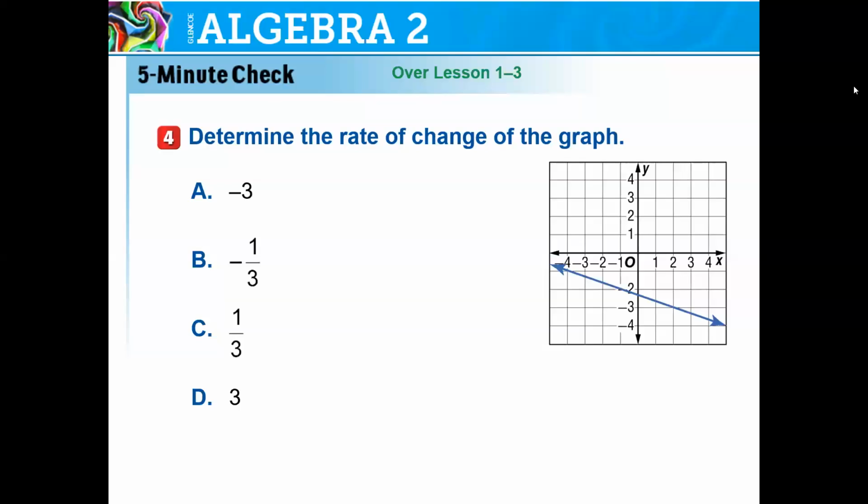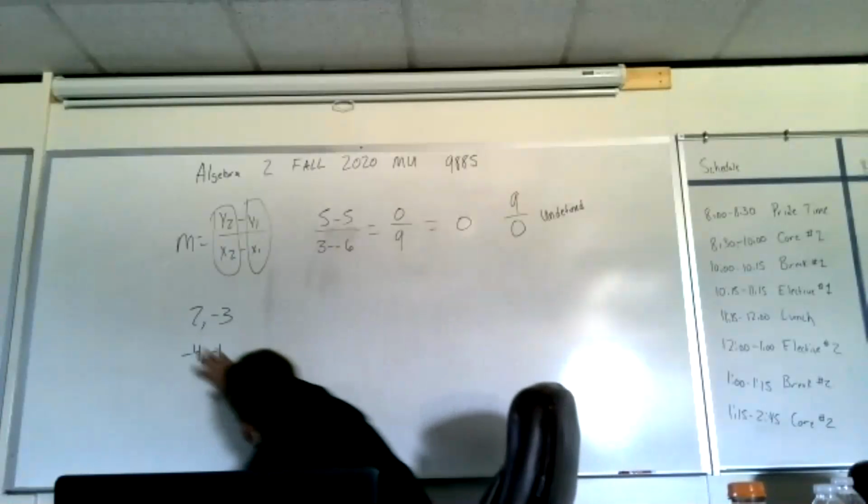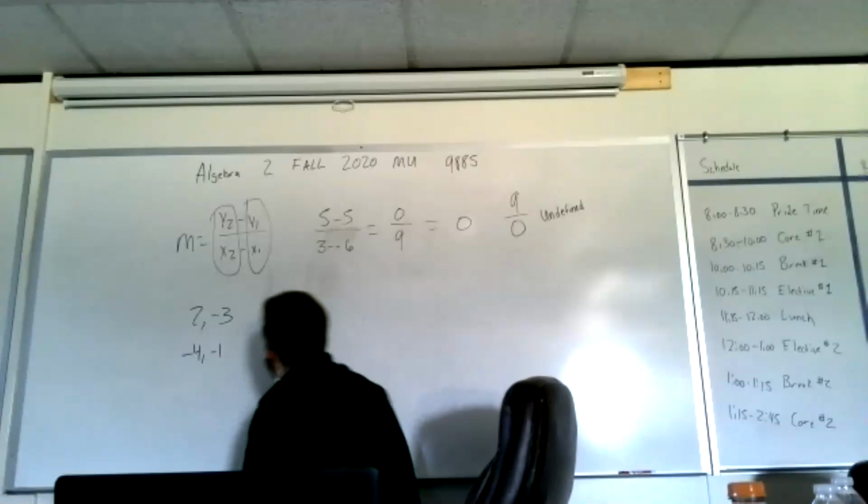Now that I've picked my ordered pairs, I would run it through my slope formula. I need to make sure that I'm all matched up.